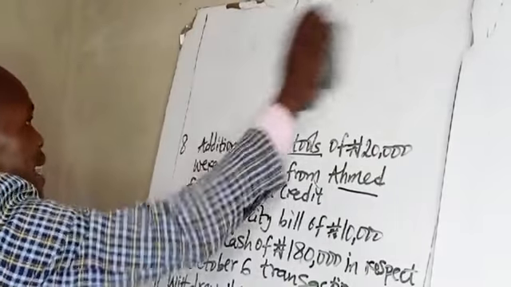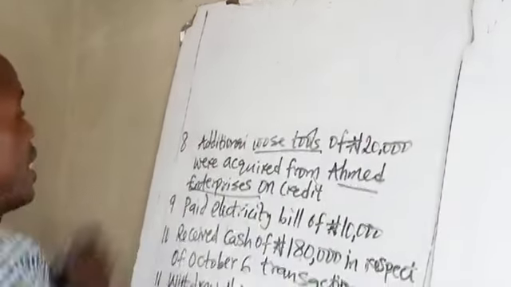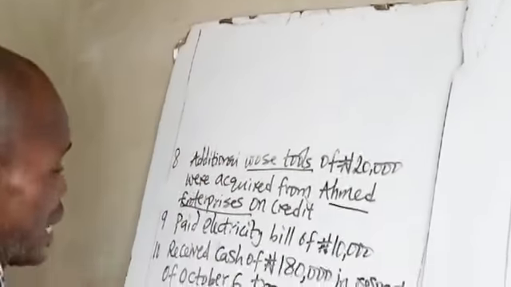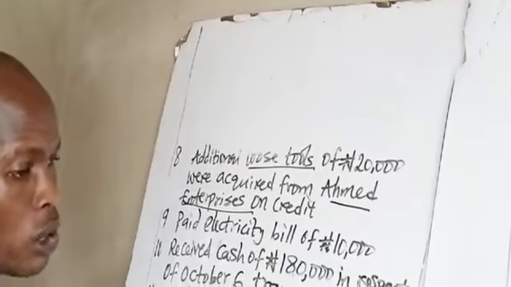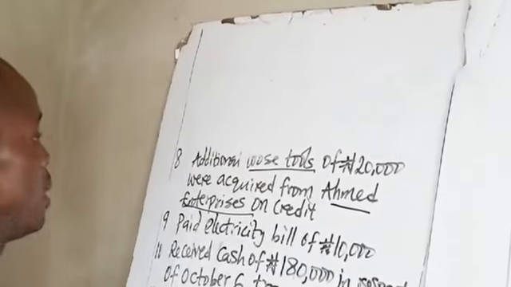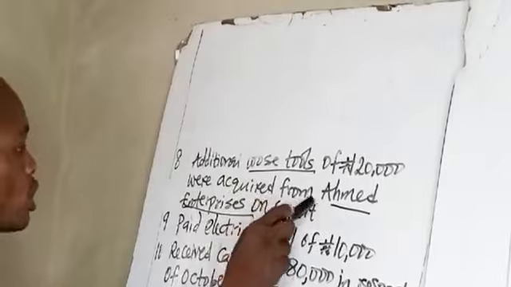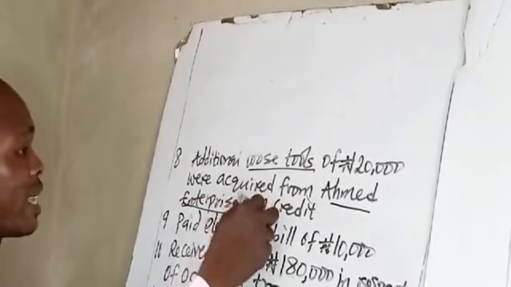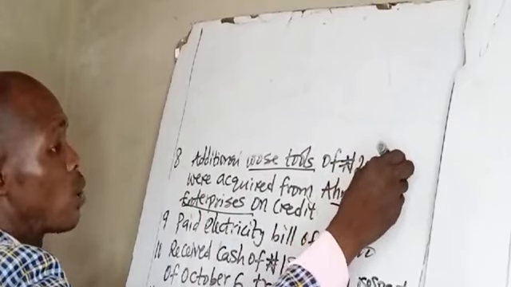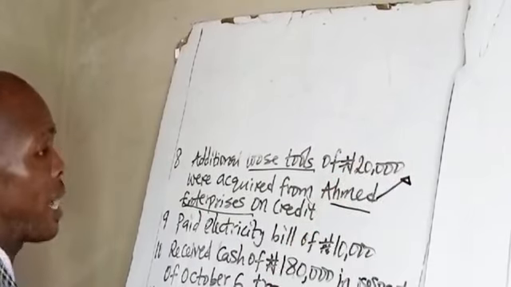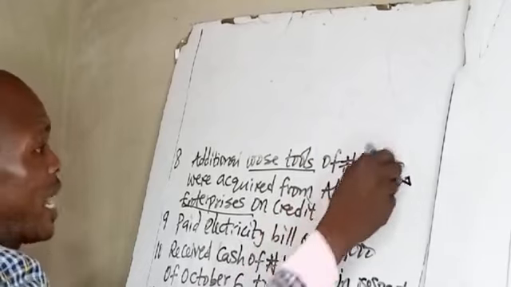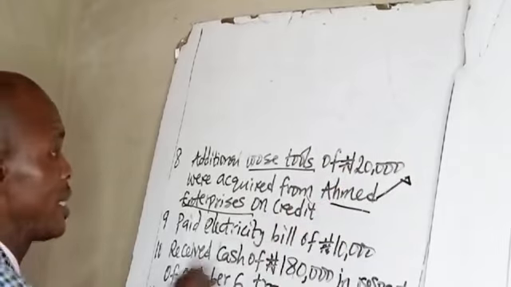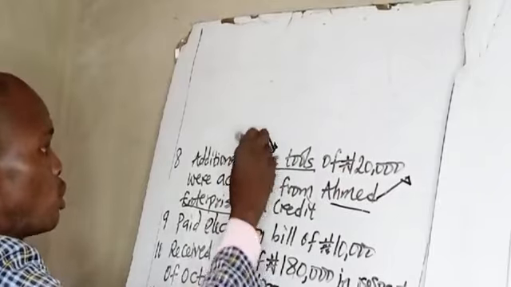The accounts affected are Ahmed Enterprises and the loose tools account. We opened a loose tools account earlier. Ahmed Enterprises is the giver of the loose tools, so you credit Ahmed Enterprises and debit loose tools account.